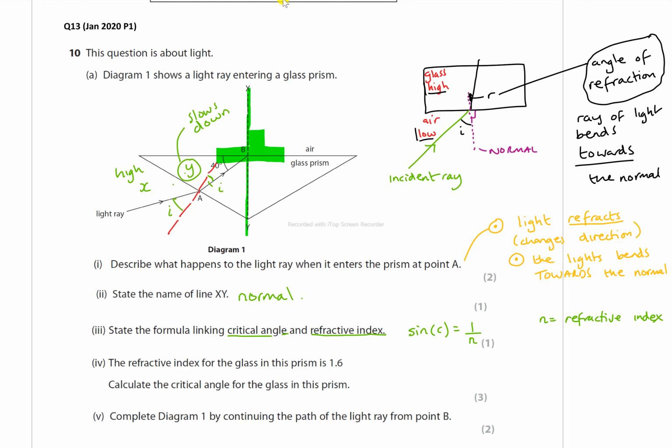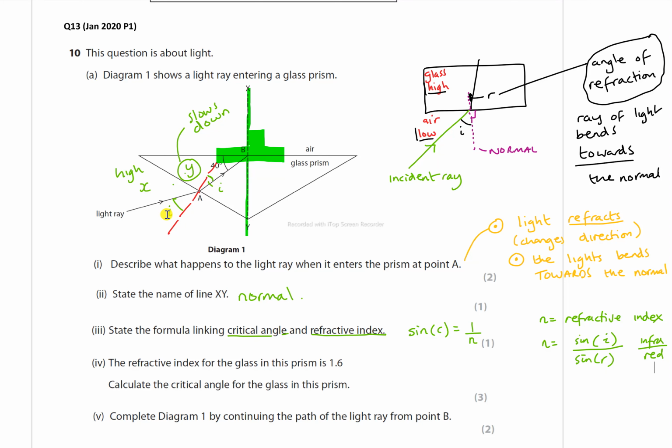You'll get this anyway. So n is simply sine i over sine r, infrared, that's how I remember it. So the angle of incidence over the angle of refraction.